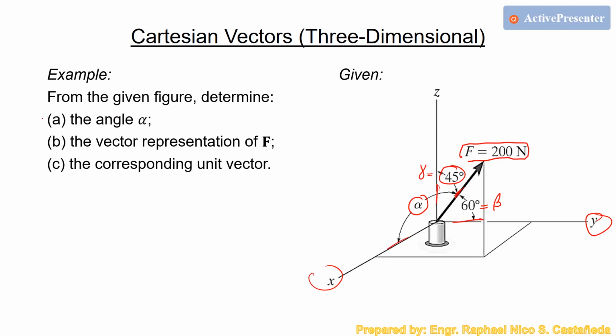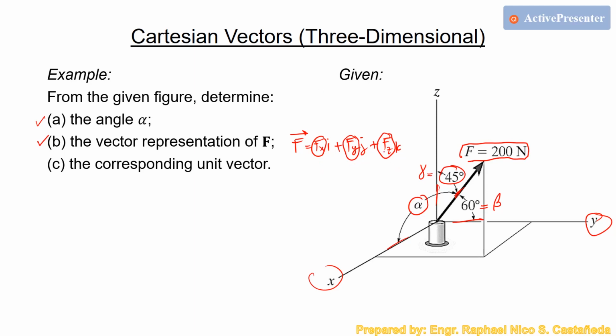The question is, letter A, determine the angle alpha. Letter B, determine the vector representation of F, which is basically Fx i plus Fy j plus Fz k. So you just need to determine these three components, its magnitude, so that you can apply it here.